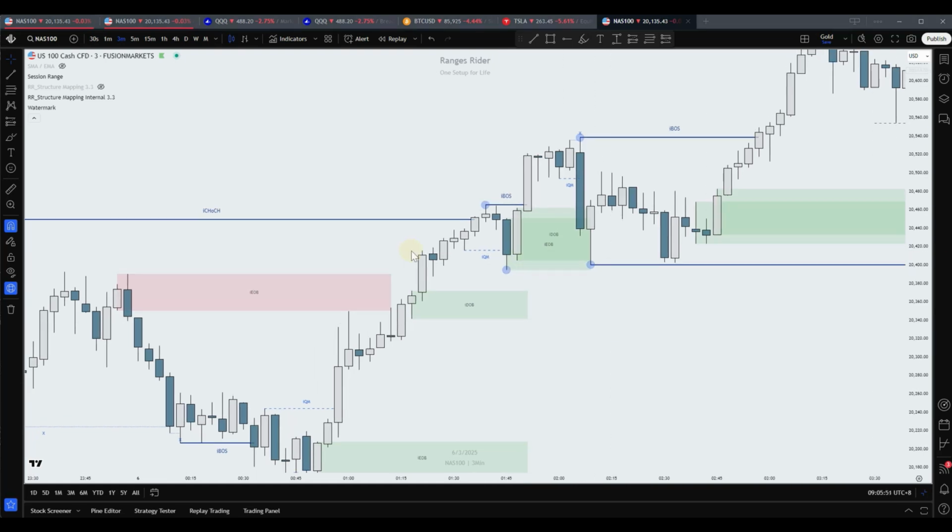Once your QM is confirmed, this is the leg which is going to take this high. This leg should fail, and if this leg fails, then this will be the market structure shift.